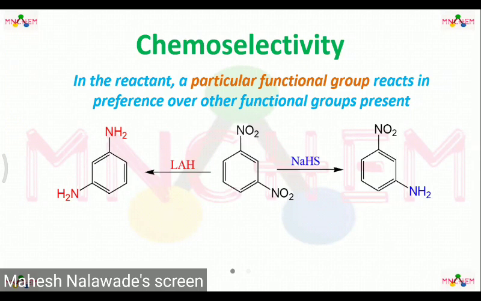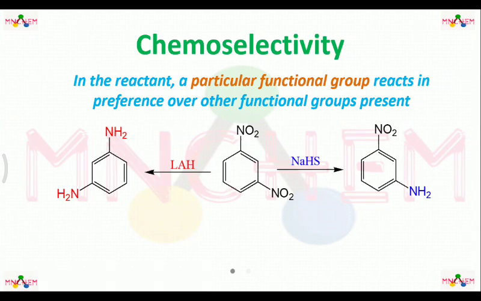Both the nitro groups in the meta-dinitrobenzene get reduced to amino group and the product formed is meta-phenylenediamine. This is not a chemoselective reaction because both the nitro groups get reduced.